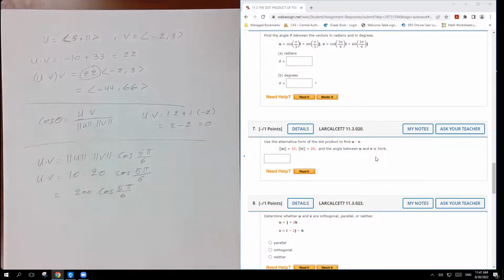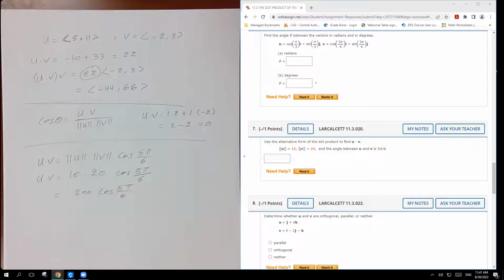And how much is the result? This result is going to be negative, positive. I'm trying to think on the radian circle.